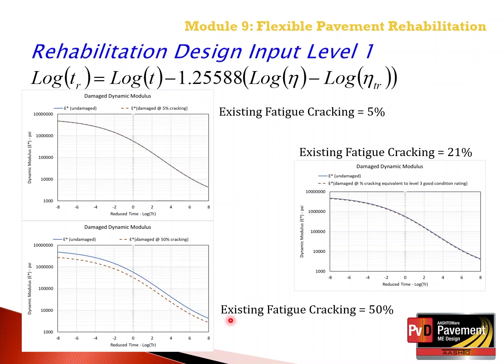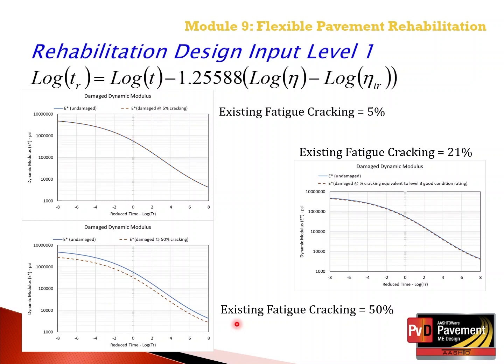So in conclusion, the differences between the undamaged dynamic modulus or laboratory measured values and the damaged elastic modulus or back calculated elastic modulus from deflection basins has a significant impact on fatigue damage of the existing asphalt layers.